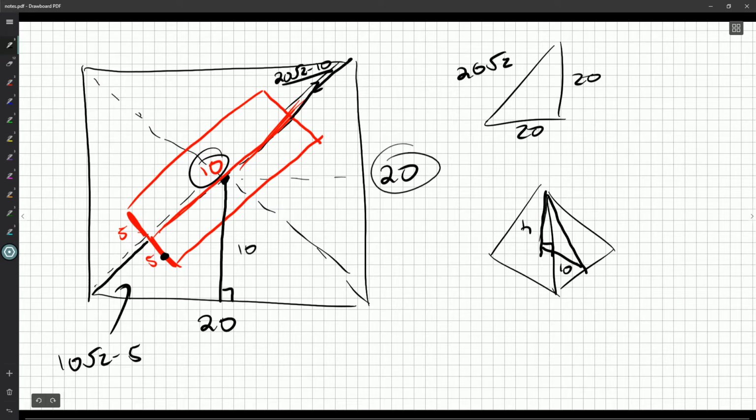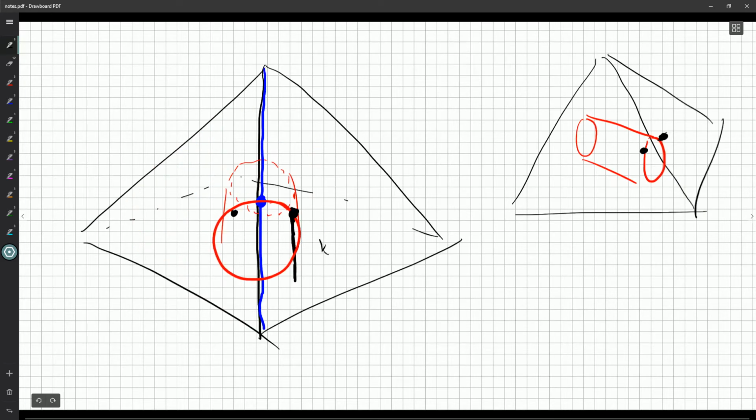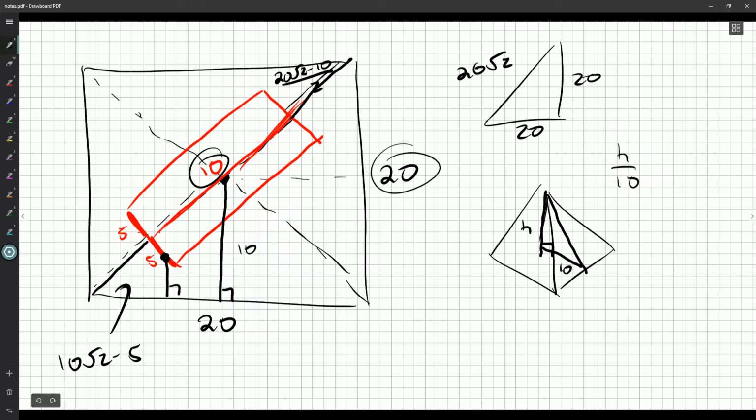So this will have the same slope, h over 10, as this point would to the side that touches it, if I knew this height k. I feel like we're going to do some sort of messed up coordinate system. Also, just based on instinct, I think there might be a 3, 4, 5 triangle in my future, just because I see a 5 there.